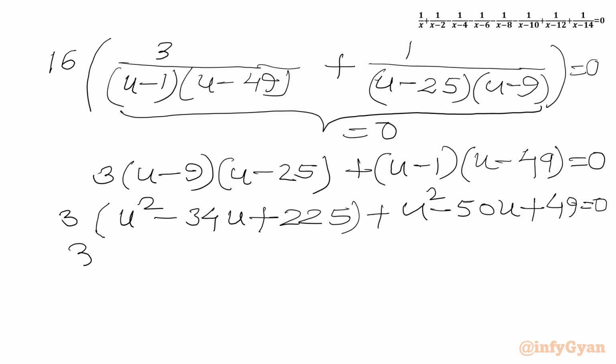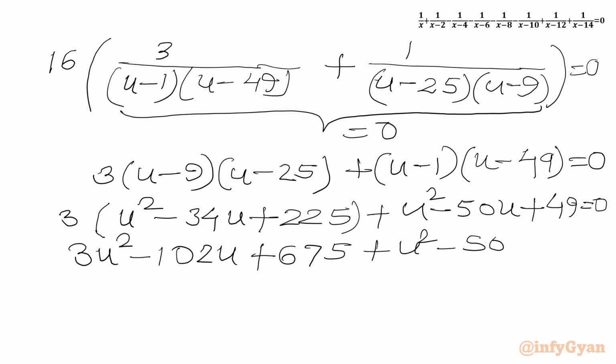Now we will expand here and we can write 3u square minus 34 times 3 is 102u, plus 225 times 3 is 675, plus u square minus 50u plus 49 equal to 0.